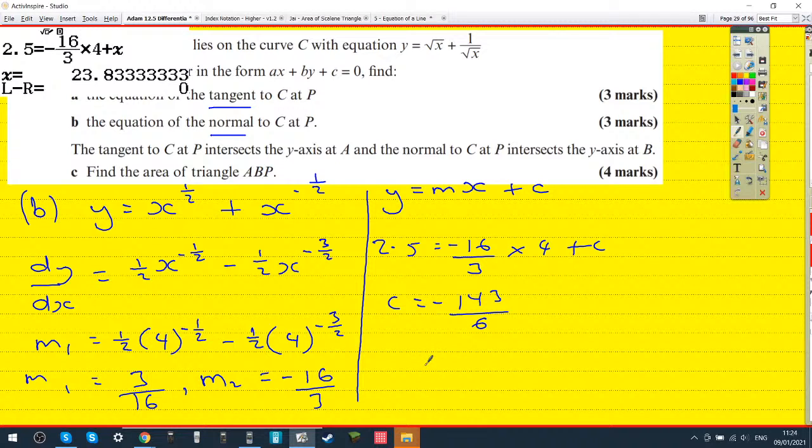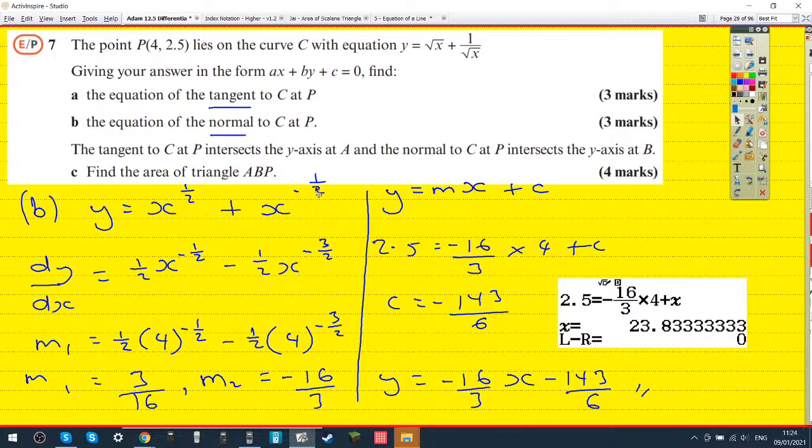And so equation of the normal is y equals minus 16 over 3 x minus 143 over 6. Very good. And I didn't make that easy for you. You did that one yourself.